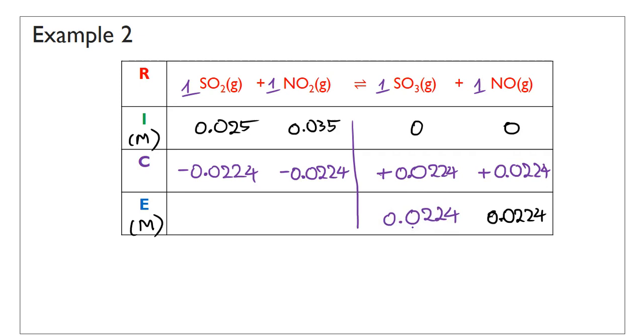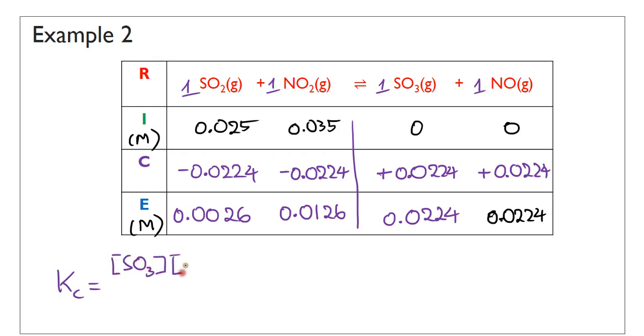And I'm going to do the math here. So 0.025 take away 0.0224 is 0.0026, and then the next one is 0.0126. So now I have got the equilibrium concentrations of all of the species. I could calculate the equilibrium constant. Let's just write the expression once more, just in case we screw up the numbers, we at least get that mark.